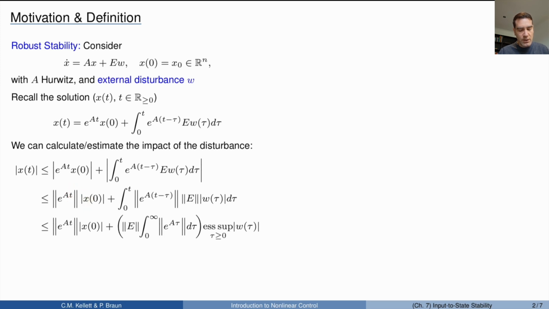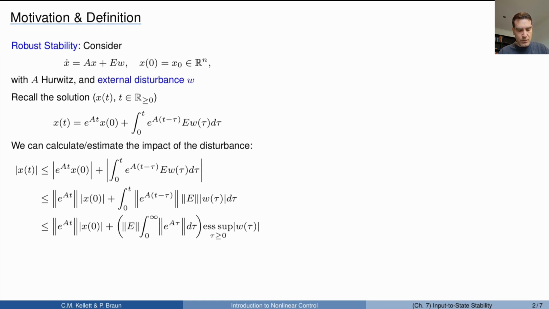We take the norm inside the integral, and in the end we end up with an expression depending on e to the power At, the matrix, which we can take the norm of, the norm of the initial condition, and similarly the norm of the matrix E and this integral term, multiplied now with the maximal value of the function omega.